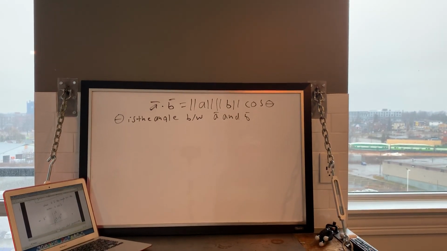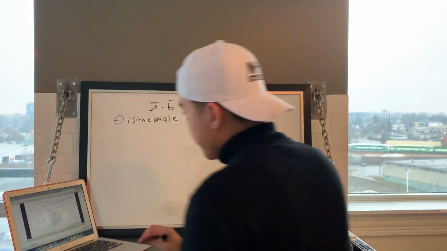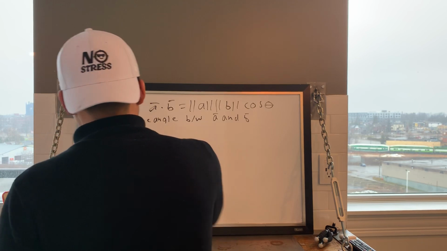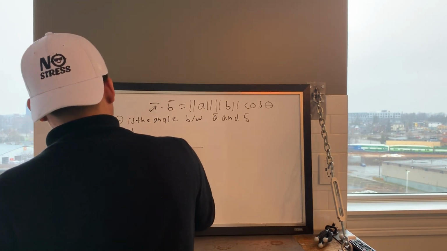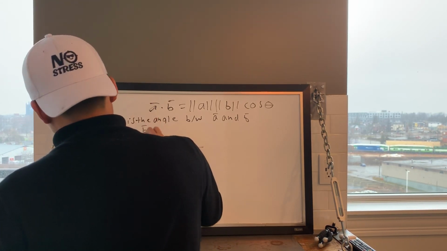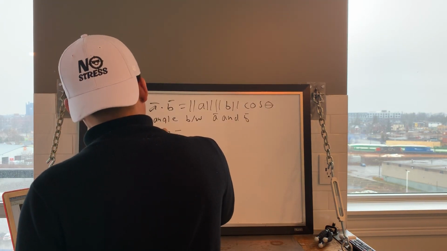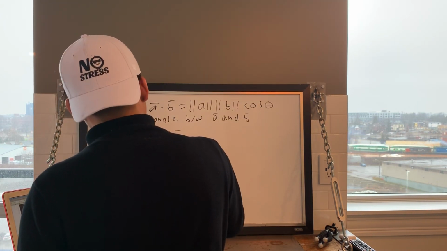Okay. That's what theta is, the angle between them. So in R2, right? You have B here. You have A here. This is the angle between them.